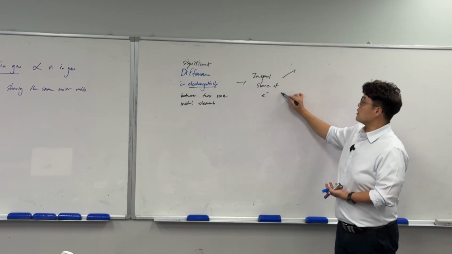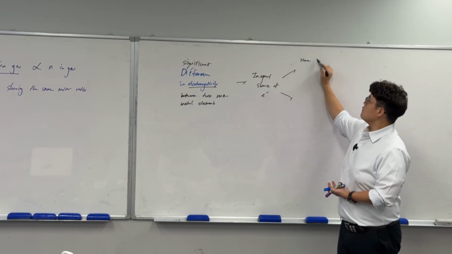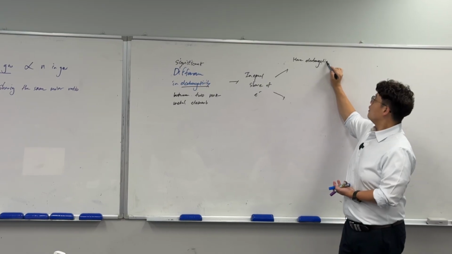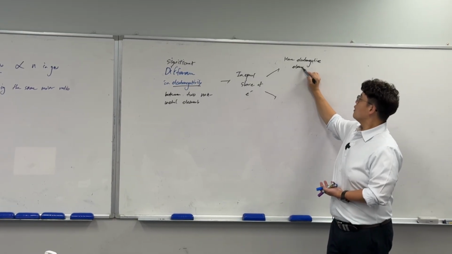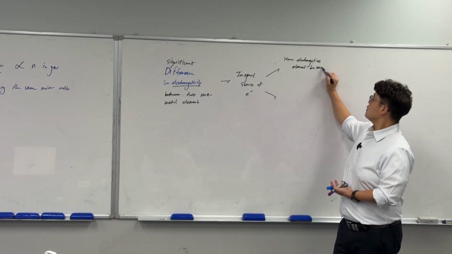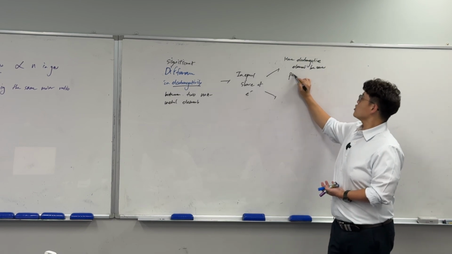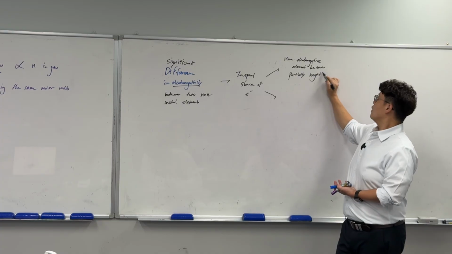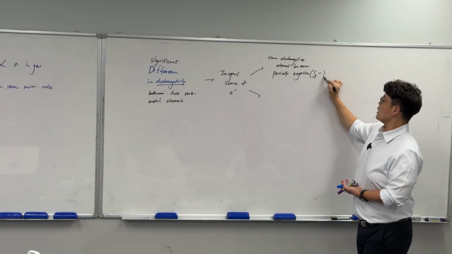So you may understand that as the more electronegative element becomes the partially negative. We call that partially negative.